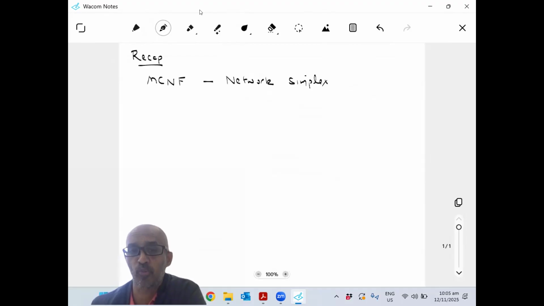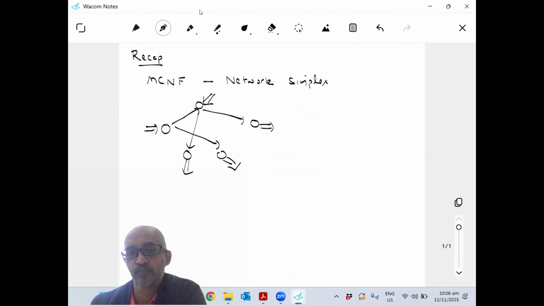Just to remind you what these problems were, you have a network on which there are some supply nodes and some demand nodes. You might have supply on some nodes, and demand in some other nodes, and what you're trying to do is send flows on this network to match supply and demand. So you're trying to send the supplies to the demand nodes at minimum cost.